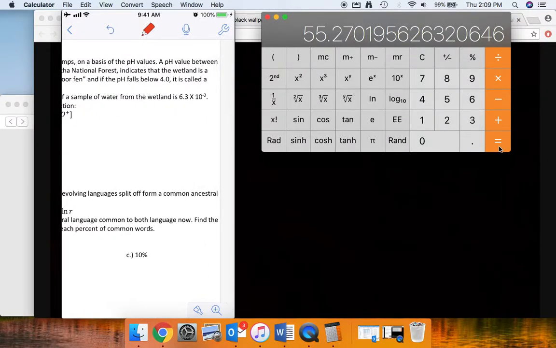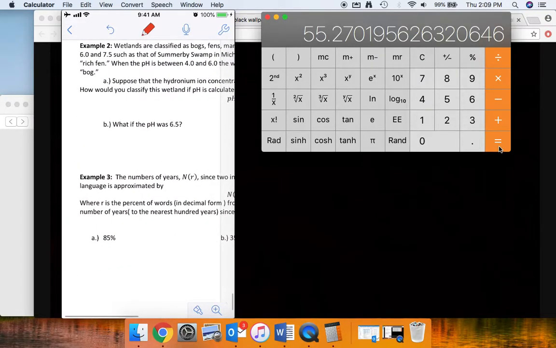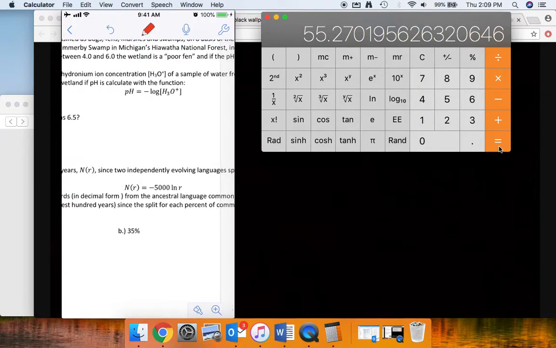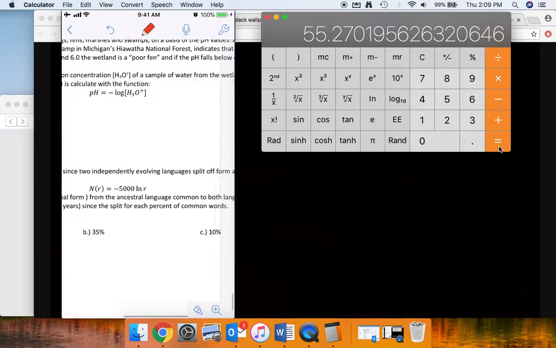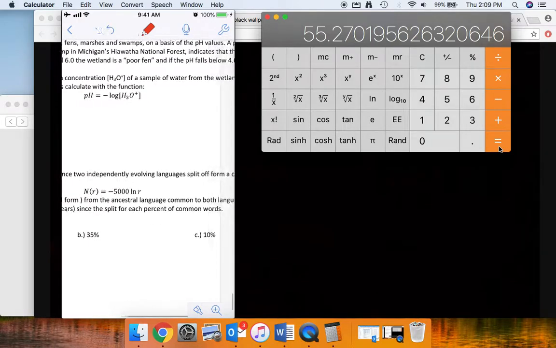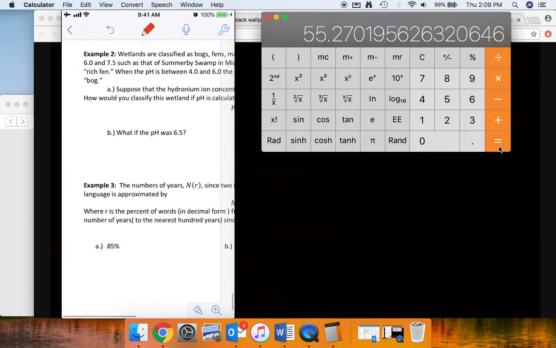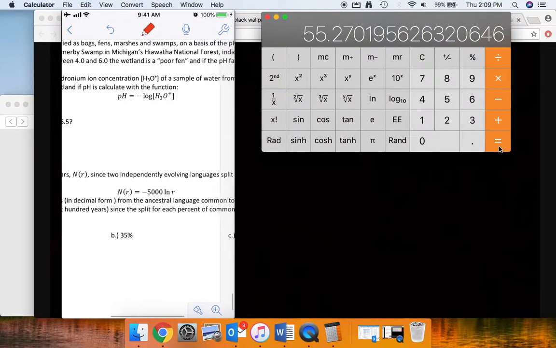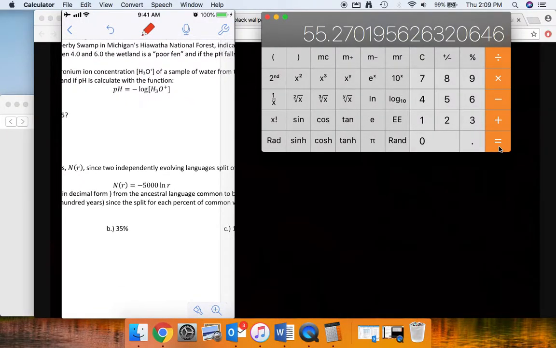And if the pH falls below 4, it is called a bog. A. Suppose the hydrogen ion concentration, H3O+, of a sample of water from the wetlands is 3.6 times 10 to the negative third. How would you classify this wetland if the pH is calculated with the function pH is equal to negative log of H3O+?